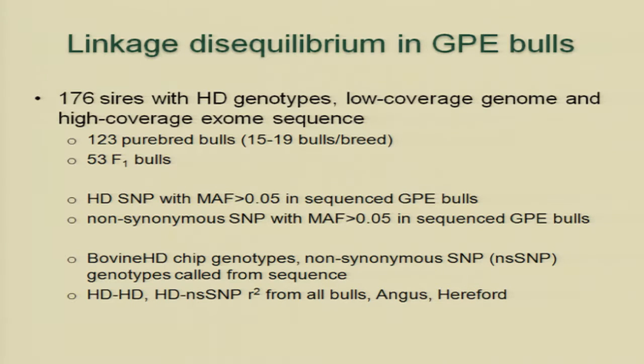I used their actual chip genotypes and the genotypes called from sequence, and looked at various pairs, LD between high density SNP on the same chromosome, and then between high density and non-synonymous across the whole genome. I used the full set of bulls as well as 2 sets of purebred bulls, both the Angus and Hereford.